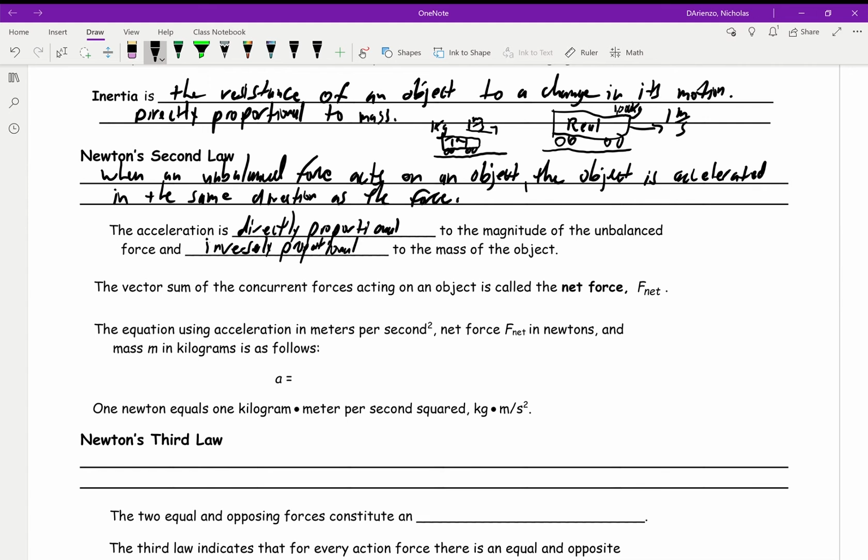Meaning that a smaller mass will accelerate faster with the same force, and vice versa. Remember, the vector sum of concurrent forces acting on an object is called the net force.